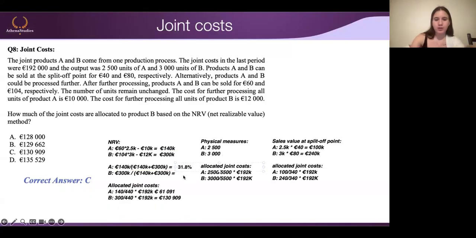So you allocate 31.8% to good A, and therefore 68.2% to good B. Then you simply multiply these percentages by the joint cost, which is the 192K stated in the beginning. Therefore, you're allocating 61,000 to good A and 130,000 to good B, which is exactly your answer C.